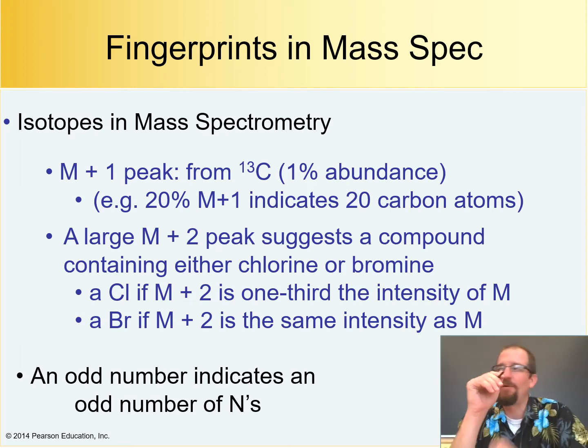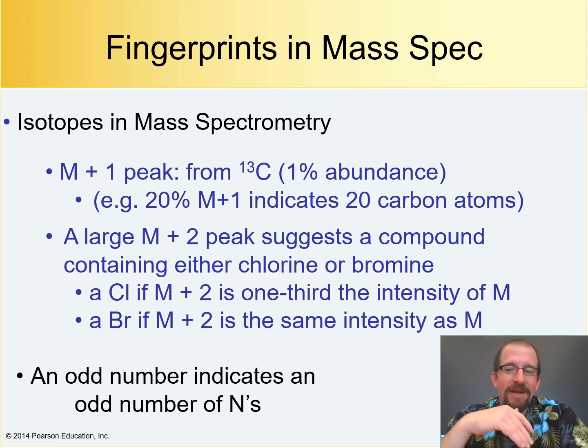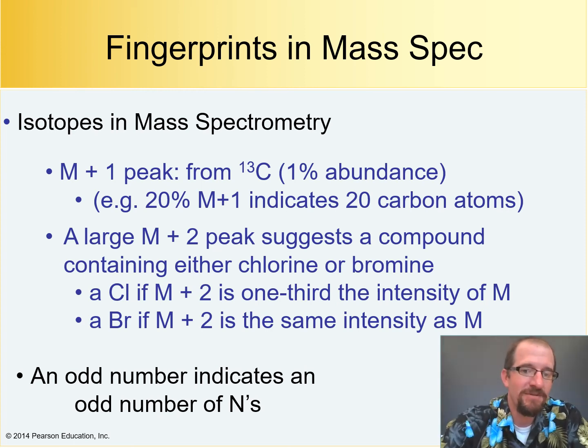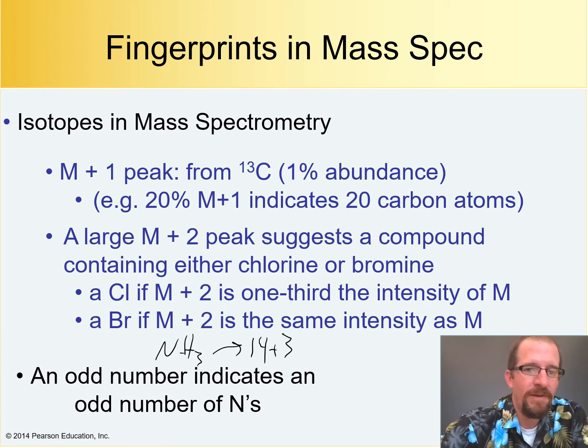So why is that? Because nitrogen weighs 14. So why would it be odd? It's because nitrogen likes to have 3 bonds to it. So if you take, for example, ammonia, NH3, nitrogen weighs 14, hydrogen weighs 1, that gives you 17.